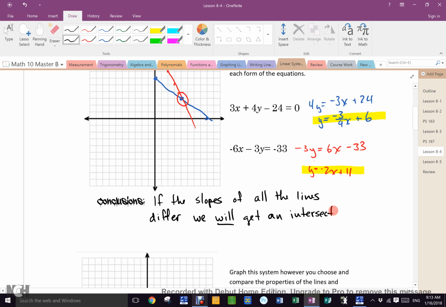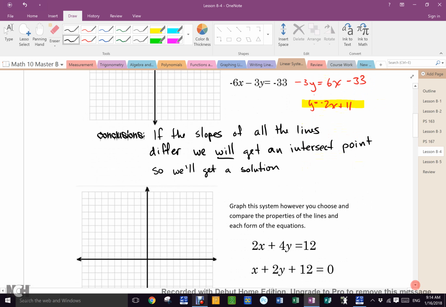If I get an intersect point, what is that point? That's the solution. So if the slopes are different, we'll get an intersect point, so we'll get a solution. Everyone agree? Everyone cool? Yeah? All right, let's go to this next one.